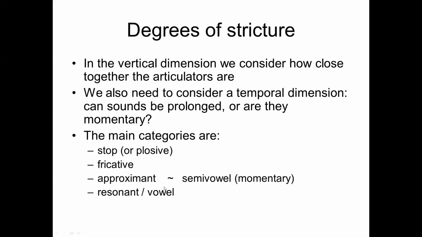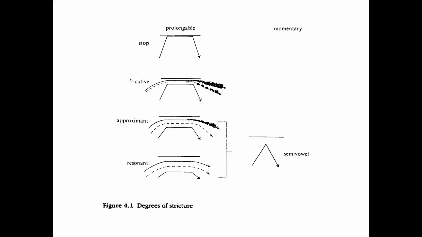Are they a little bit more open than the fricatives? Those we call our approximants or semivowels. And then if they are the most open, we get to our vowel sounds, those sonorous or resonant sounds we talked about earlier. There's also a few other differences, whether we can prolong the sound or whether it's really short, that we'll get into.